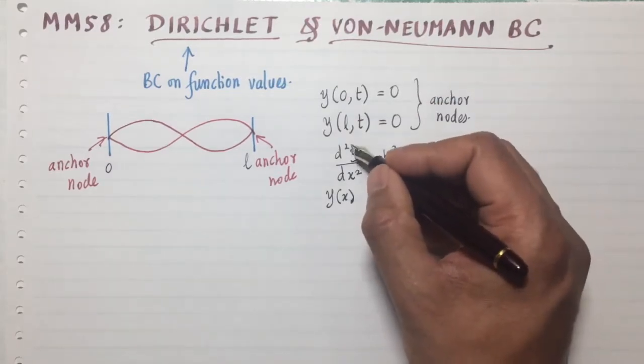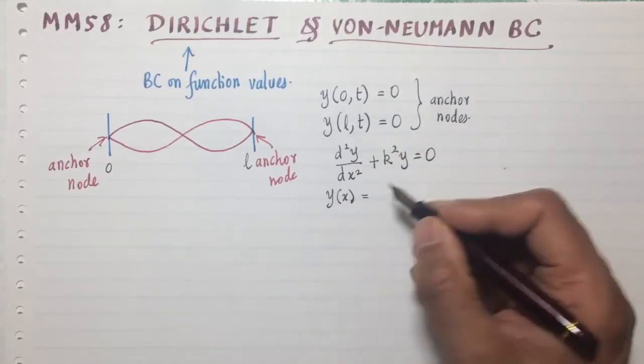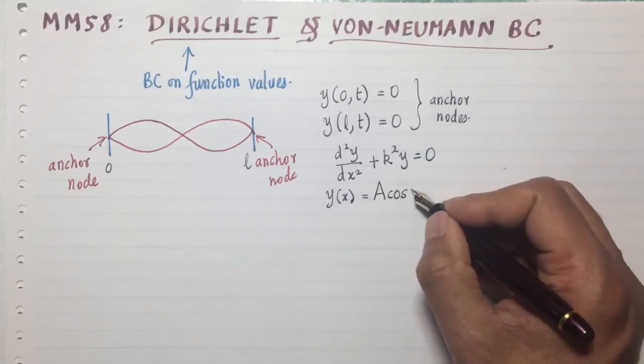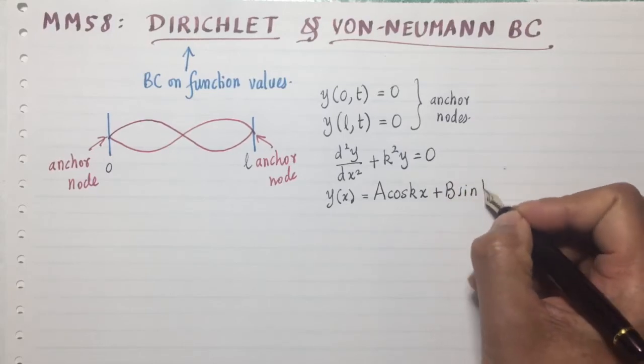So really I should have called this capital Y, but I'll just write it as little y. This is going to be a combination of a cosine kx plus b sine kx.